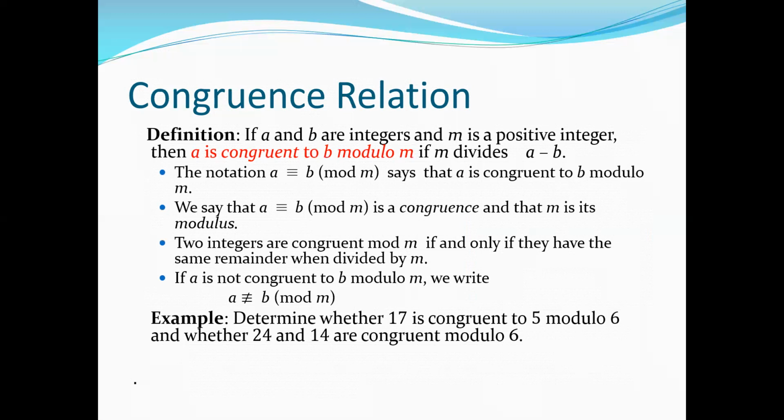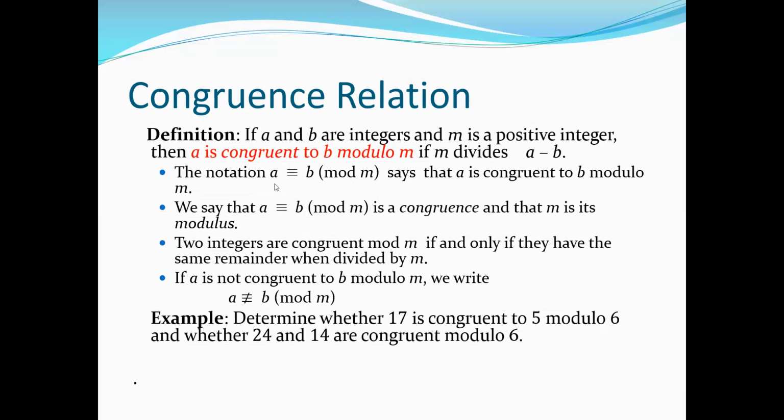So when we subtract and do modulo m, we divide the result of a minus b by m, and if it's an integer, it means they have a congruence relation. The notation for the congruence relation is a, three lines, b mod m.